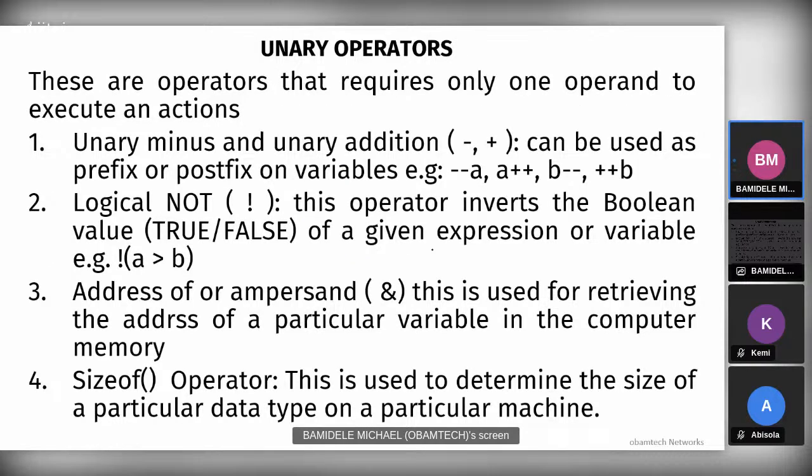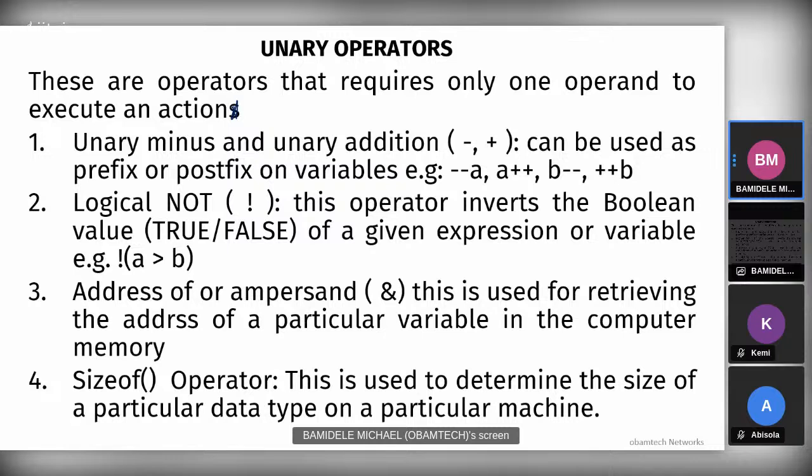Let's talk about the unary operator first. Unary operators are operators that require only one operand to execute an action. And what are the types? The first ones are unary minus and unary plus. You have minus and plus, and they can be used as prefix or postfix on variables.